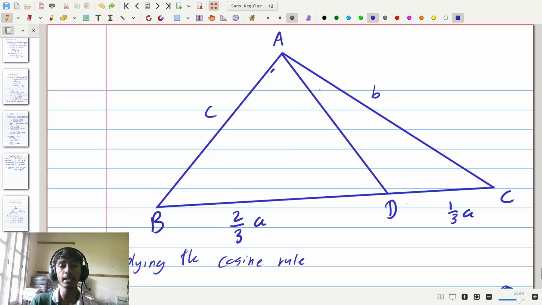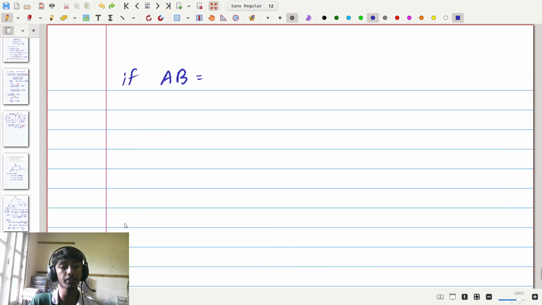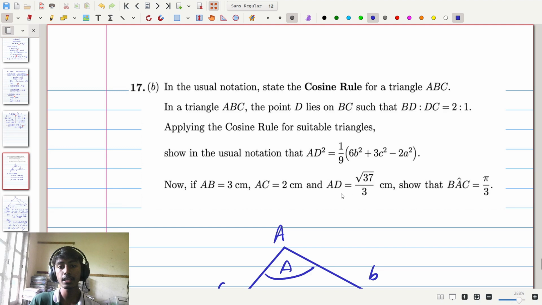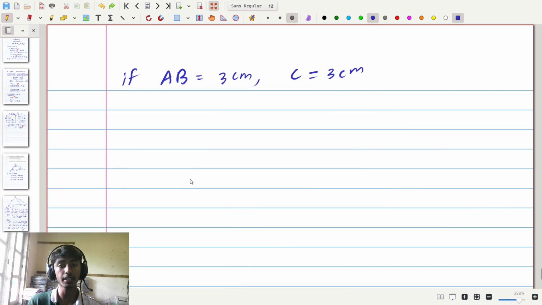Now in the triangle AB is c, so we get c being equal to 3 centimeters, as given in the question. And similarly, AC is simply b, so AC equal to 2 centimeters means that b is equal to 2 centimeters.